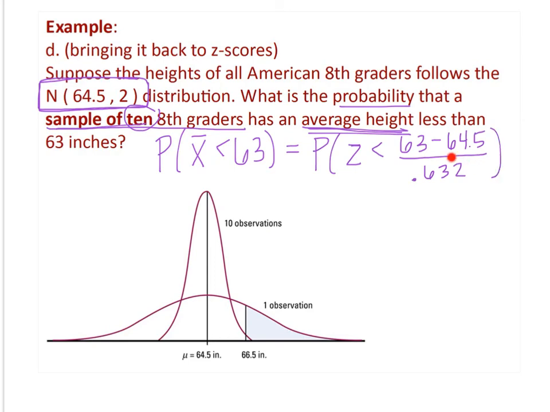So this came from work we did on the last slide for finding the standard deviation. So when I do that computation, the probability z is less than, that gives me negative 2.37.